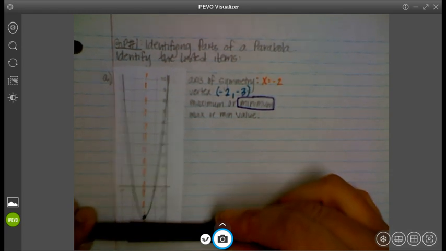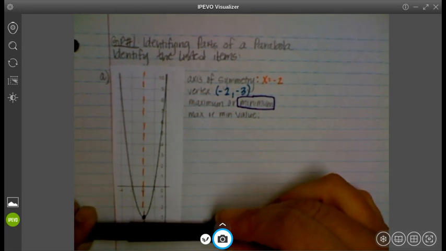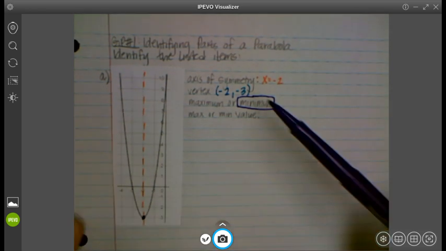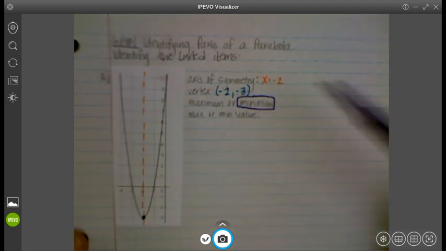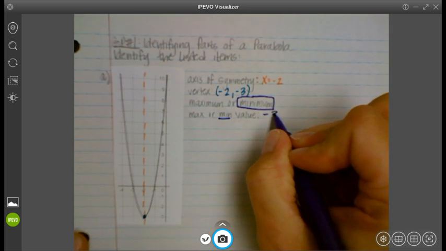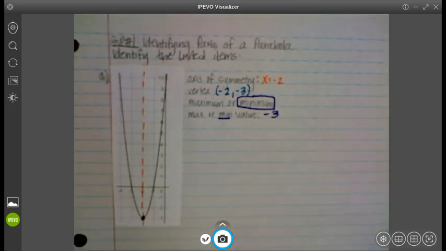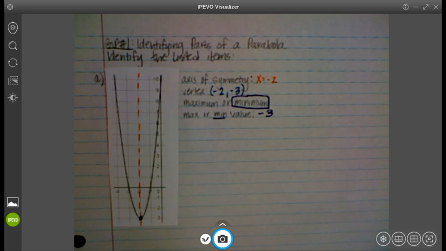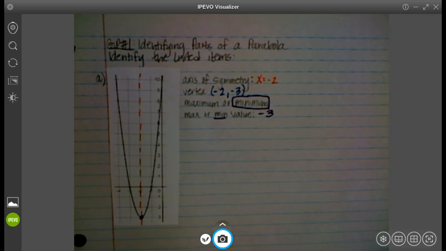The very bottom of our graph is here, and that value is -3. So the -3 is also part of our vertex, but that happens to be the y value. So the minimum value of our graph is at -3. Now, when you identify the maximum or the minimum value, it's implied that we're talking about the y value. So we can just simply write the number value next to it.